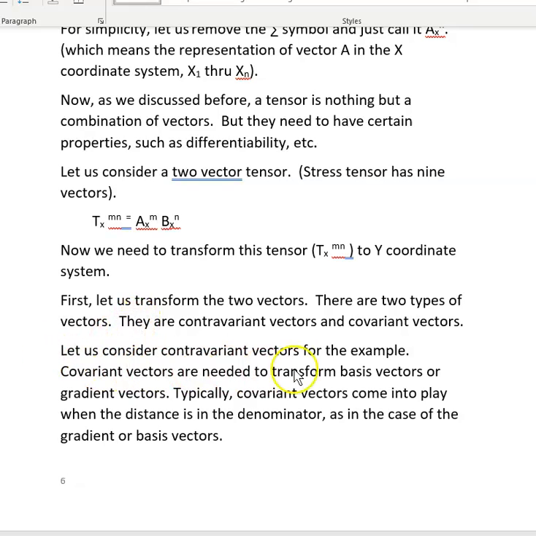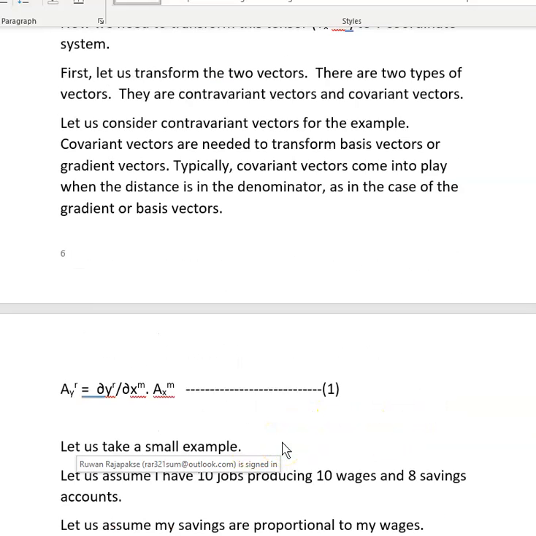Let us consider contravariant vectors for example, because most vectors are contravariant. Covariant vectors are needed to transform basis vectors or gradient vectors. The basis vectors are basically unit vectors, and if you are going to transform them, then you have to consider them as covariant vectors or gradient vectors. Typically, covariant vectors come into play when the distance is in the denominator, as in the case of the gradient or basis vectors.